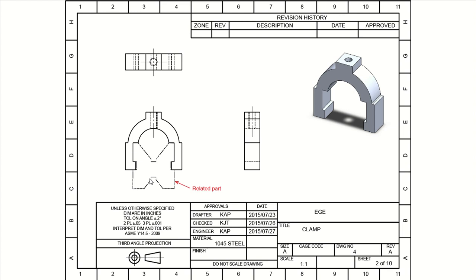So you can see it. And we're using a phantom line to show the mating part, yeah? Of course, you can't see the mating part here. This is where the mating part is going to fit into this original part. And we call that the related view because it's showing the mating part. And we call this the related part, yeah? Mating with your original part.